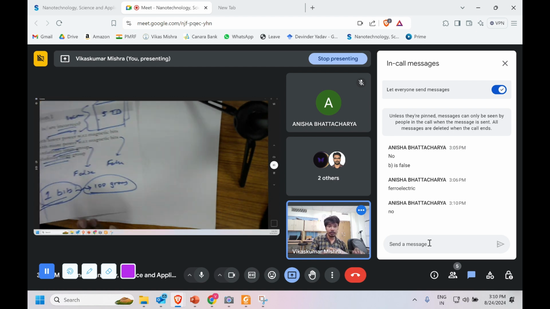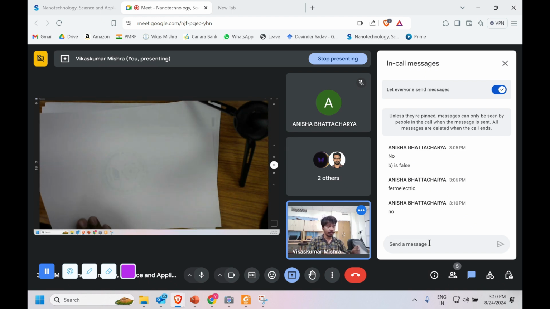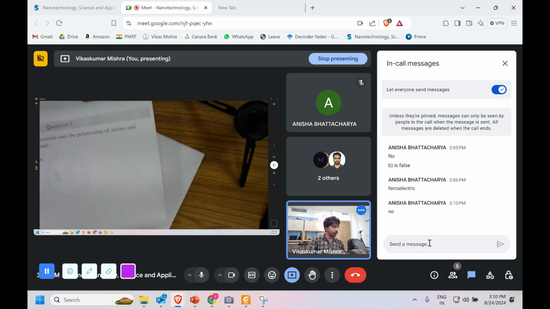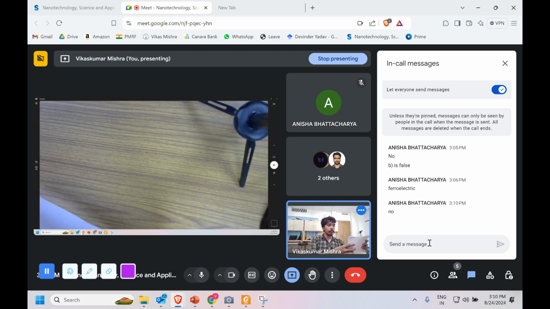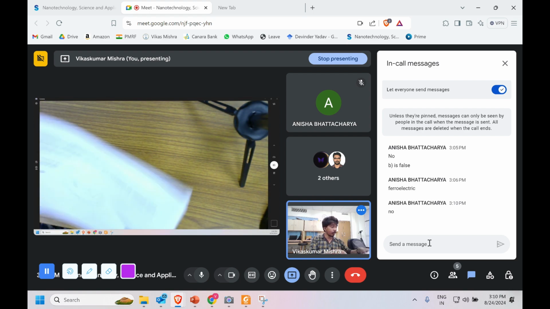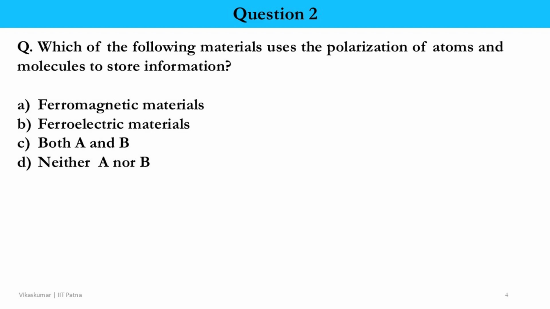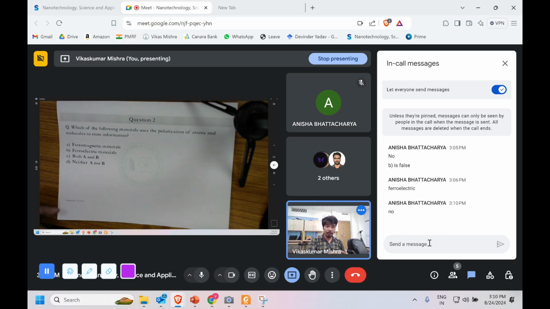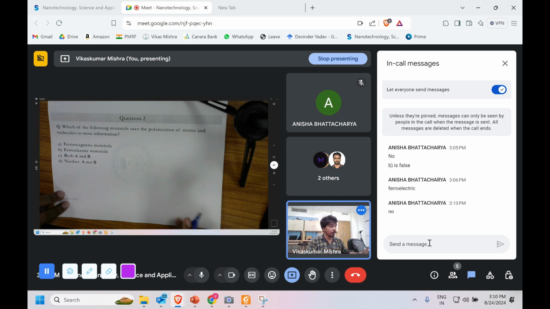Let's go to the next question, number 2. A comparatively easier question compared to question number 1. Which of the following materials uses the polarization of atom and molecule to store information? See, polarization of atom.